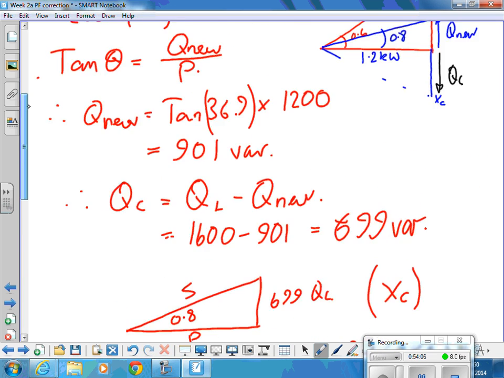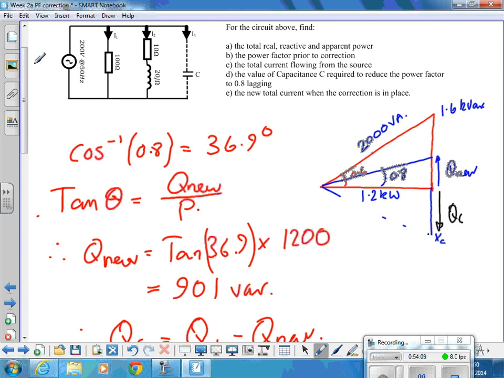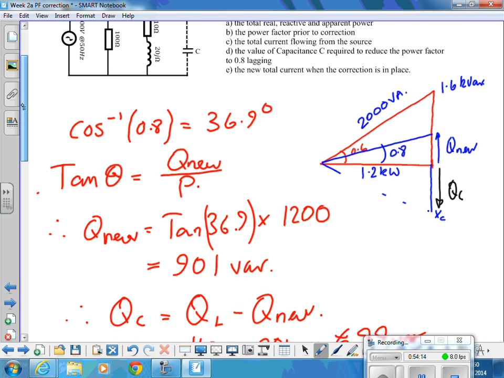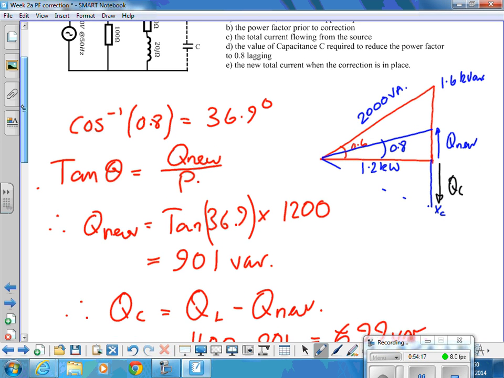What else is left in the question? Calculate the new total current, is it not? How could we get the new total current? We know what this Q new is. Just remind me what Q new was. 699. So we've got a triangle now of 699, 1200. 901, wasn't it?